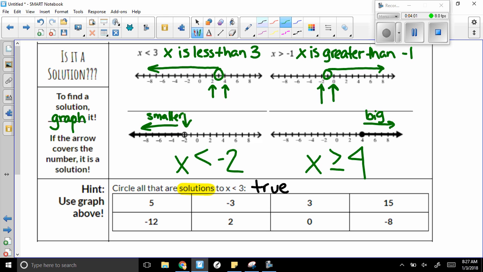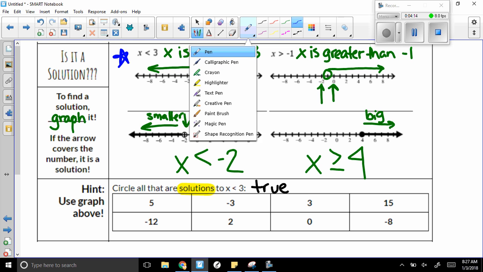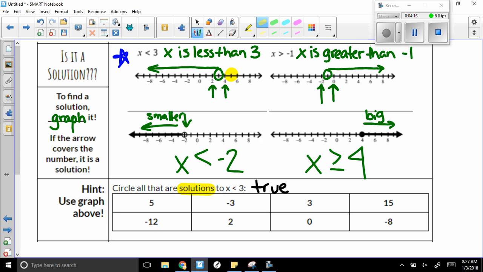I need to find +5 on this number line. And remember, I can look up at this example. +5 is right here. That is not covered up by the arrow. So I am not going to pick +5.